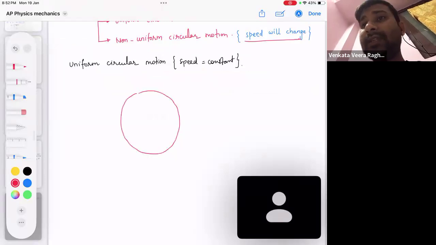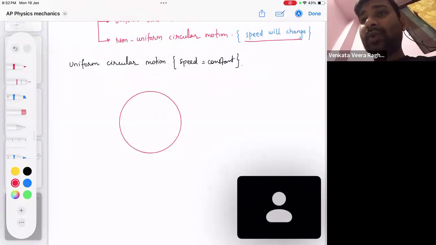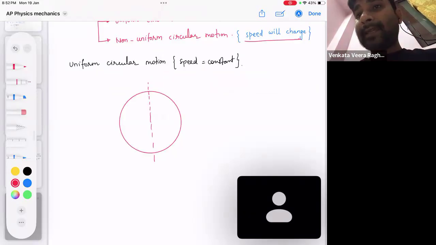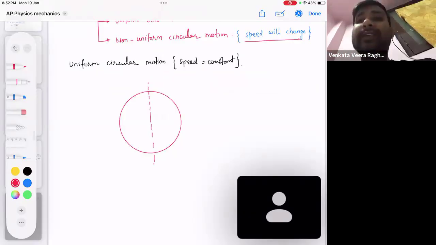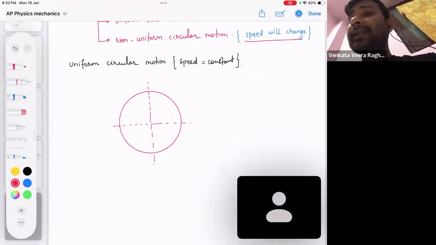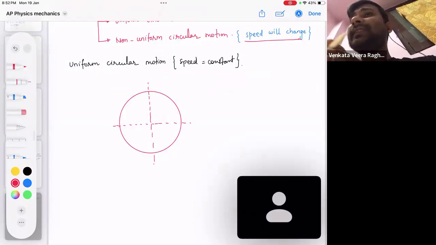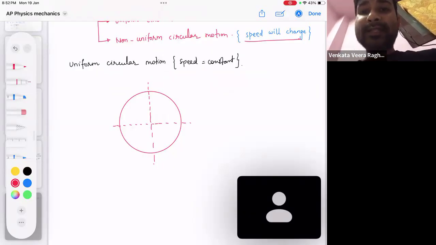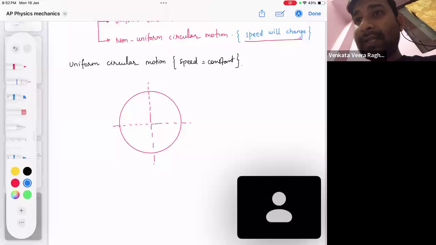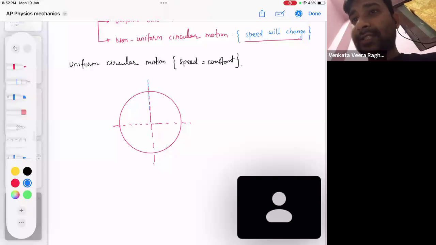tell me what is going to happen. In a circular motion, we have two types of acceleration. One acceleration is called tangential acceleration, which we have written as d omega by dt. One more acceleration of circular motion is called centripetal acceleration.